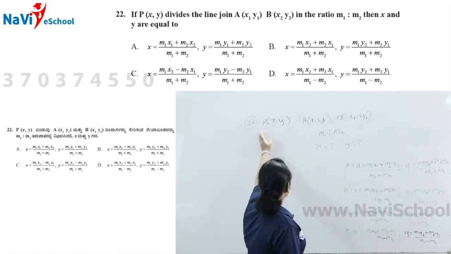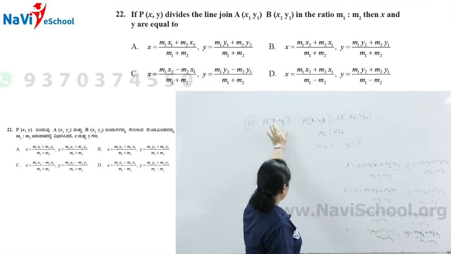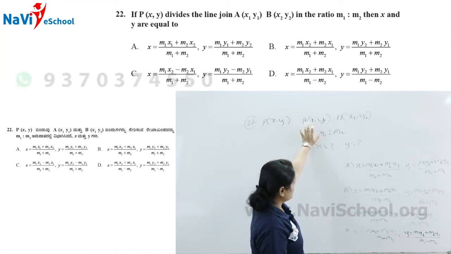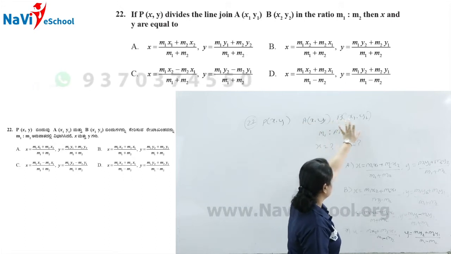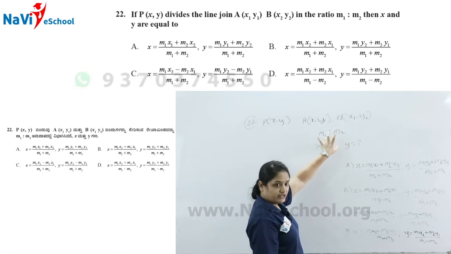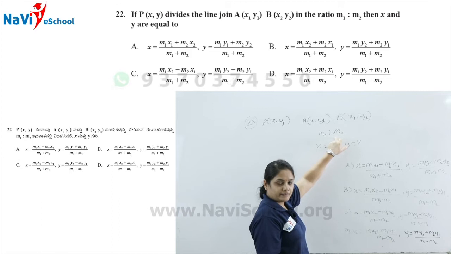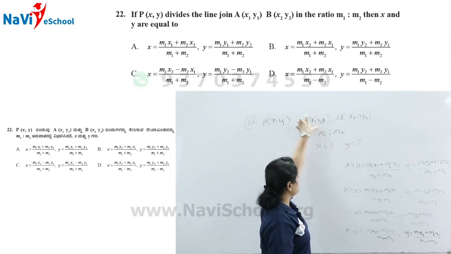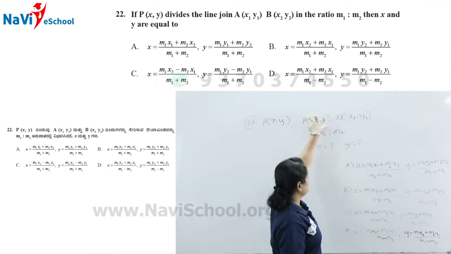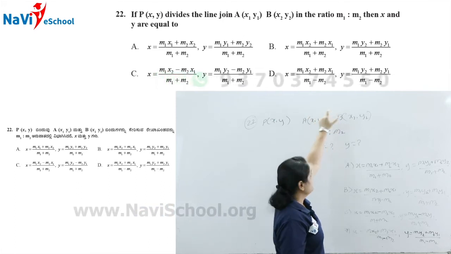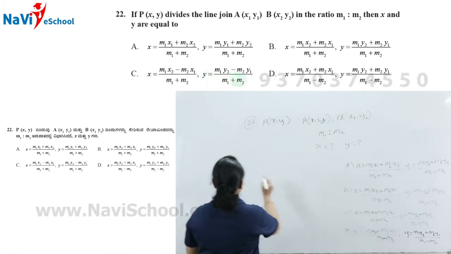So, here in the question, P is a point (x, y). It is dividing the line having the points A(x1, y1) and B(x2, y2) in the ratio of m1 is to m2. In which ratio is it dividing these two points joining a line?